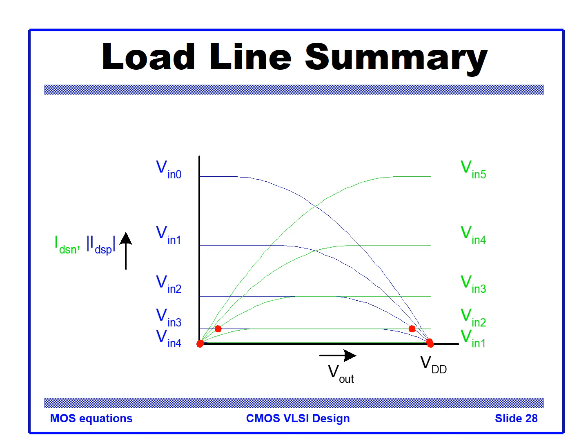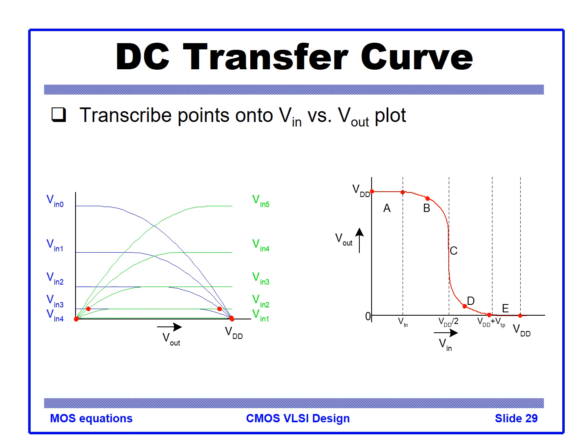Now we will draw the output level versus the input voltage in the next slide. Here again, as we increase the input level, the output voltage will follow this red curve.